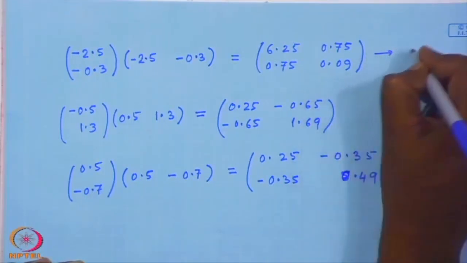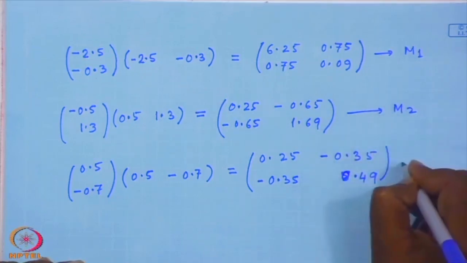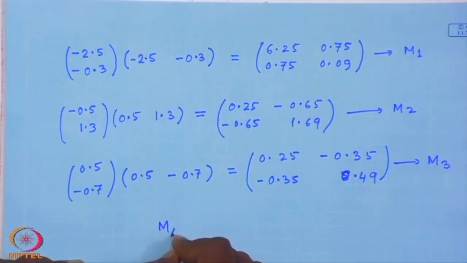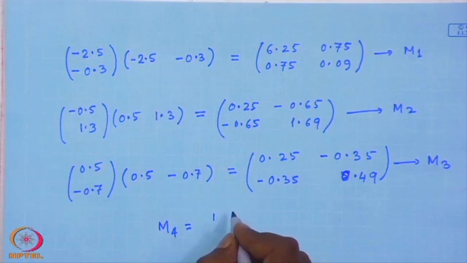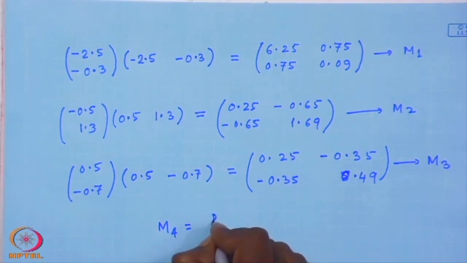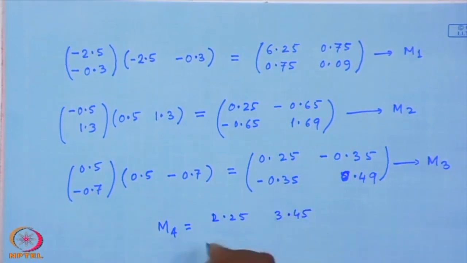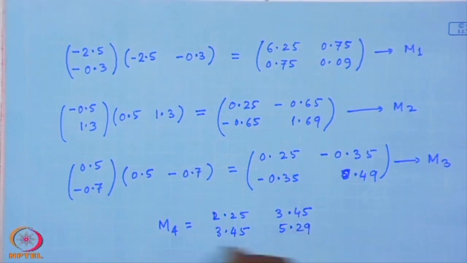This is my matrix M1, this is my matrix M2, this is my matrix M3. Similarly, M4 with the fourth vector will be simply 2.25, 3.45, 3.45, 5.29.